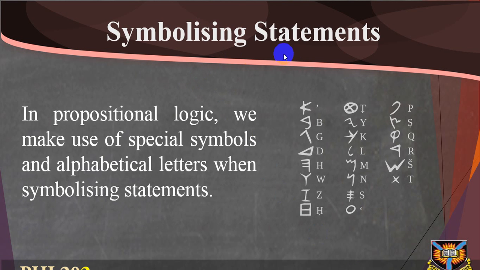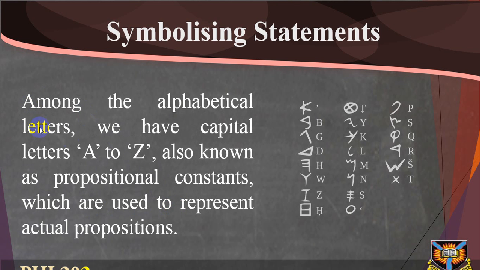Symbolizing statements. In propositional logic, we make use of special symbols and alphabetical letters when symbolizing statements. Among the alphabetical letters, we have capital letters A to Z, also known as propositional constants, which are used to represent actual propositions.